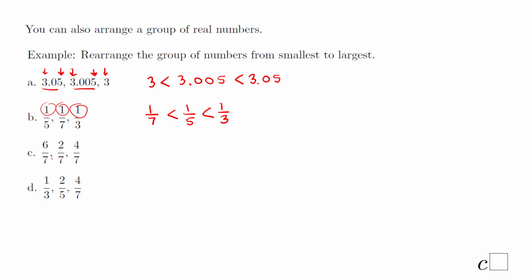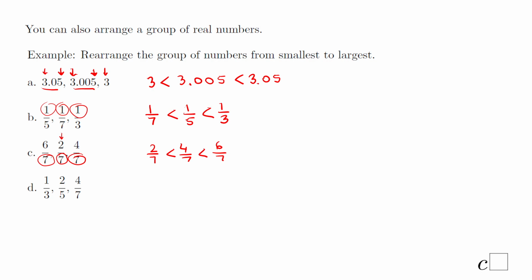C, if you notice on C, we have the same denominator, 7. So we notice the smallest numerator is this one, so that will be the smallest rational number, 2/7. Then the next one will be 4/7. And the last one will be 6/7. Again, we can check this by using a calculator and changing this into a decimal.